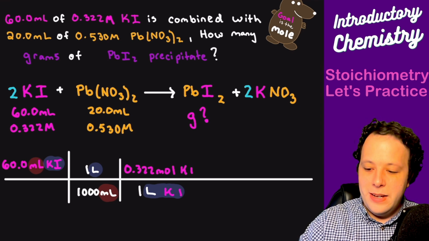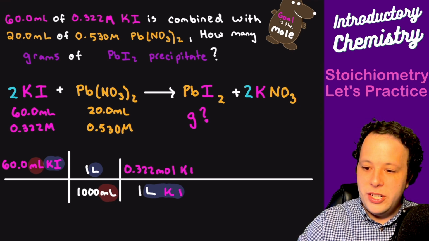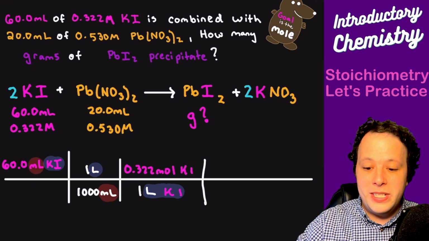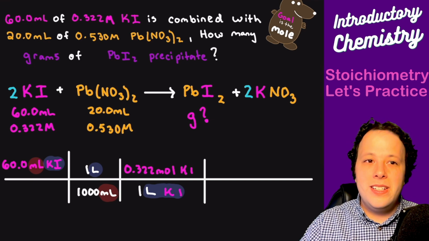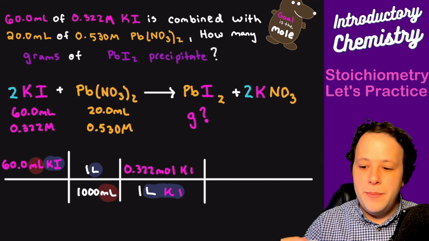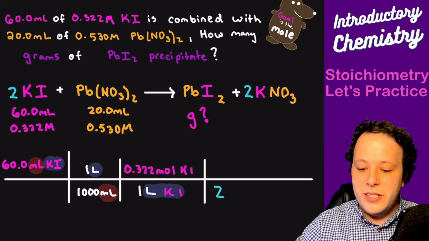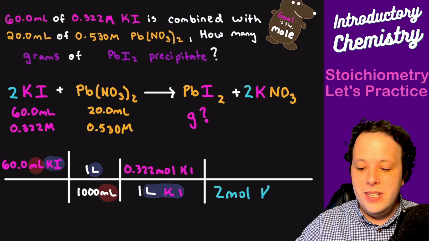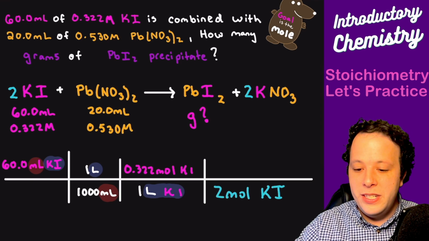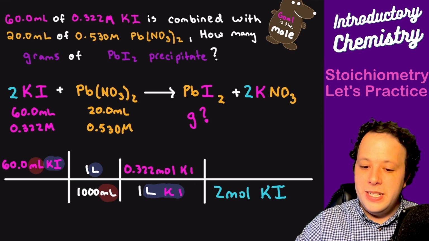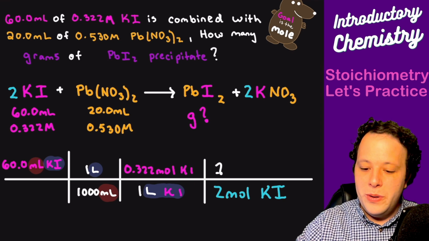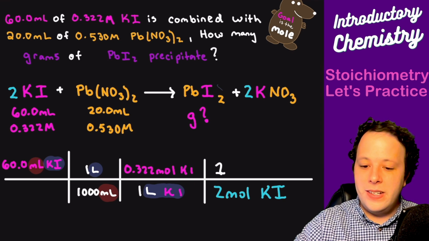Now the next step is all about making sure that we get to moles of lead iodide. So this is where we use our chemical equation. And we remember that 2 moles of KI, so I'm using teal blue to match the equation, is equivalent to only 1 mole of lead iodide. Okay.